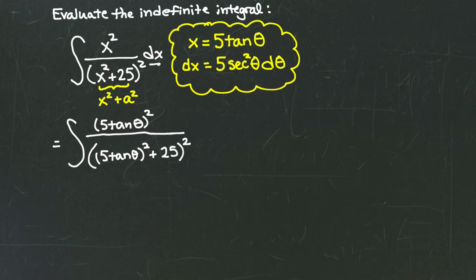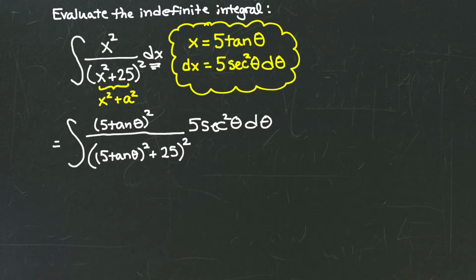Now, don't forget dx. dx has to get replaced with 5 secant squared theta d theta. And so now we've converted from an integral involving the variable x into an integral involving the variable theta. Now, why do we do that?